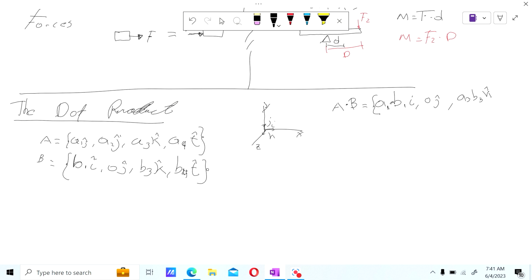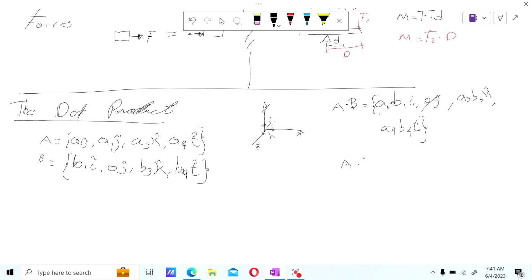Well, it seems like I said I was going to have only two components, but I didn't. So it's going to have three components, A4, B4. So this one will be 0 J.